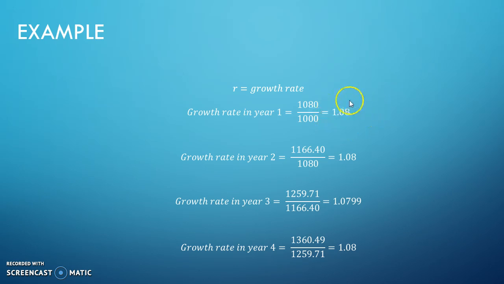So this is our growth rate for the first year, 1.08, so it's increasing by 8%. Growth rate in year 2: 1.08 again, the value in the second year divided by what it was in the first year. We do the same for years 3 and 4, and we see we've got a fairly steady growth rate of 1.08.